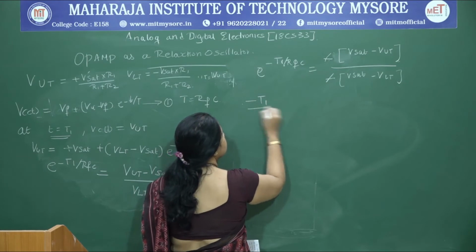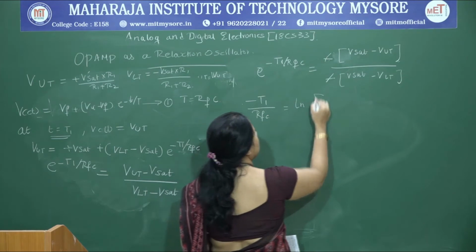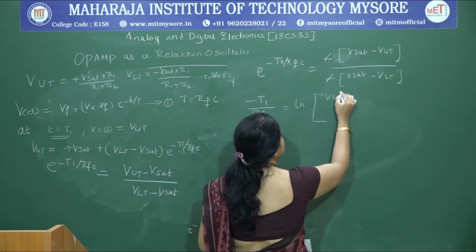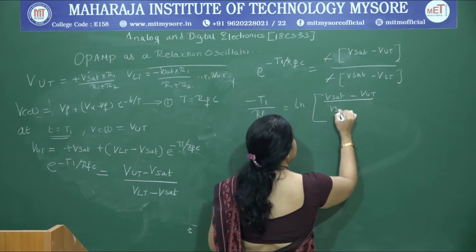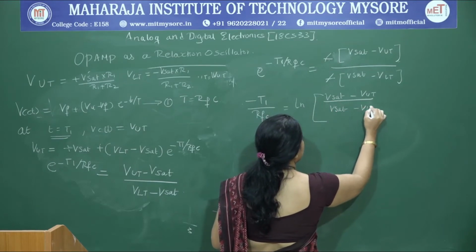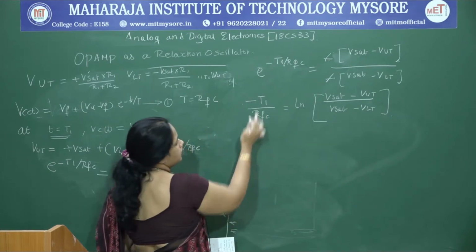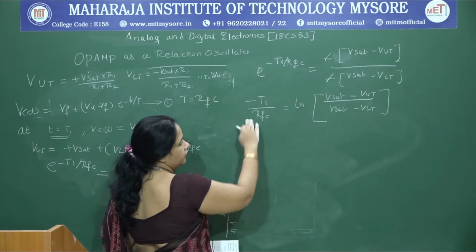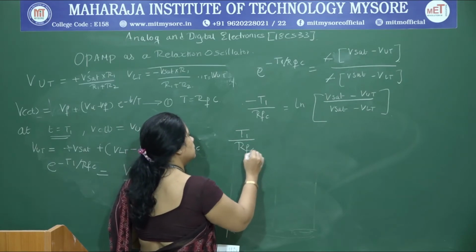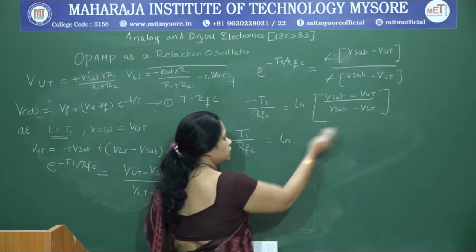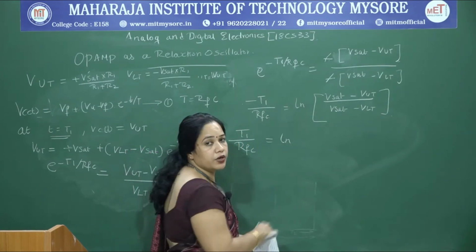The expression reduces to minus T1 by RFC is equal to the logarithm of Vsat minus V upper threshold by Vsat minus V lower threshold. My interest is T1. If I take the negative sign, it is going to be the ratio inverted, one over this.